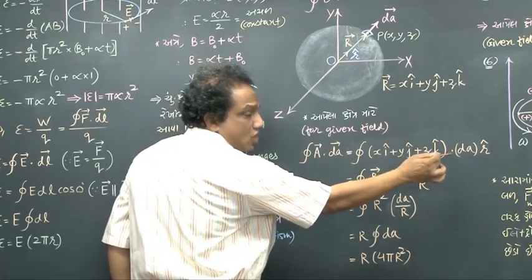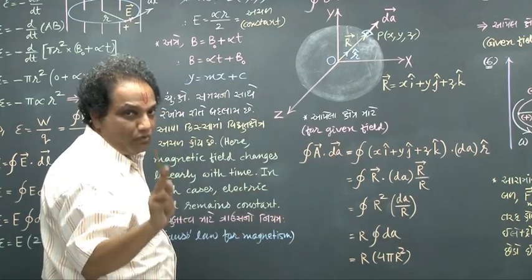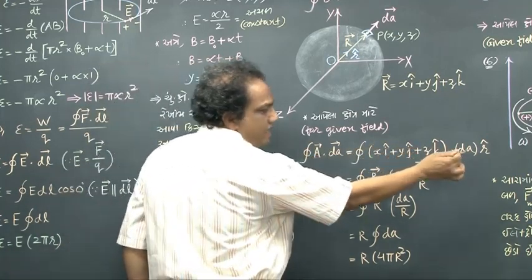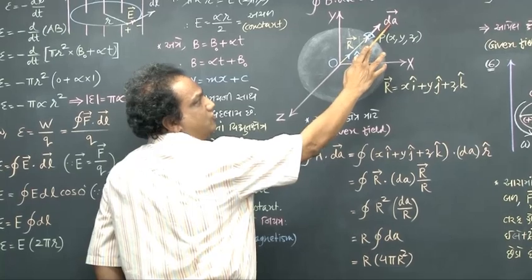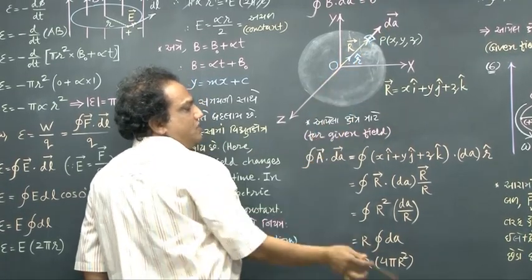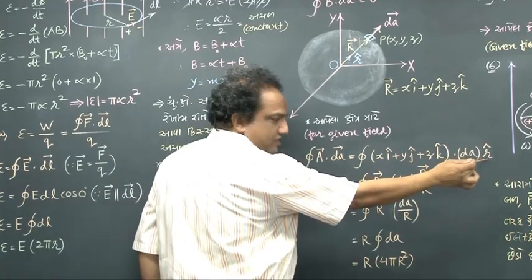Don't forget to put this dot. And don't you know a vector is always equal to magnitude multiplied by unit vector. The magnitude is dA, and the unit vector in the direction is r hat.